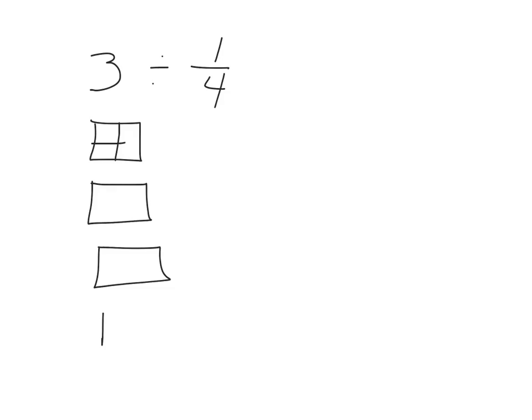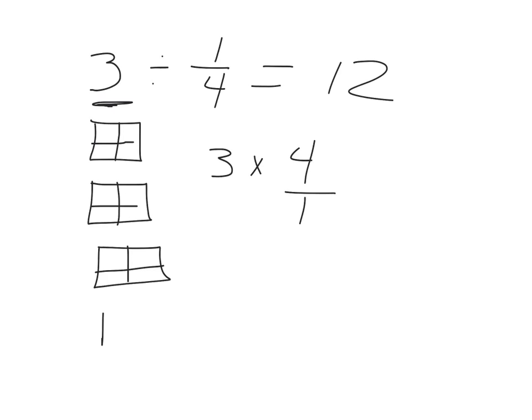So if I cut each one of these into 4th size pieces, I have a grand total of, if I were to count them, 4 plus 4 plus 4 to equal 12. So I can draw this picture, and what I'm actually doing in this case is multiplying this first number, this whole number, by the reciprocal. The reciprocal is when you flip your numerator and your denominator, times 4 over 1, which equals 12.